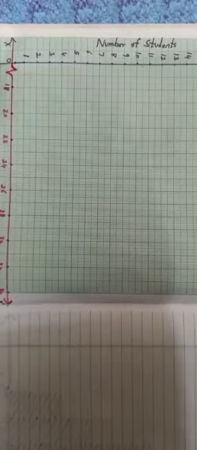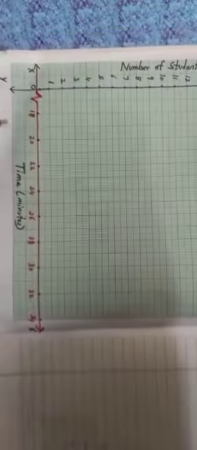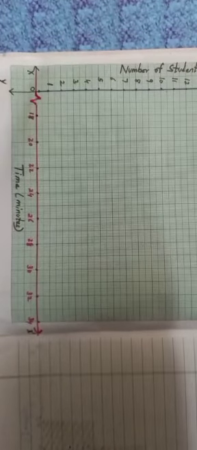Now, when you are drawing the histogram, here we have 18 to 20. For 18 to 20, the frequency is 0.